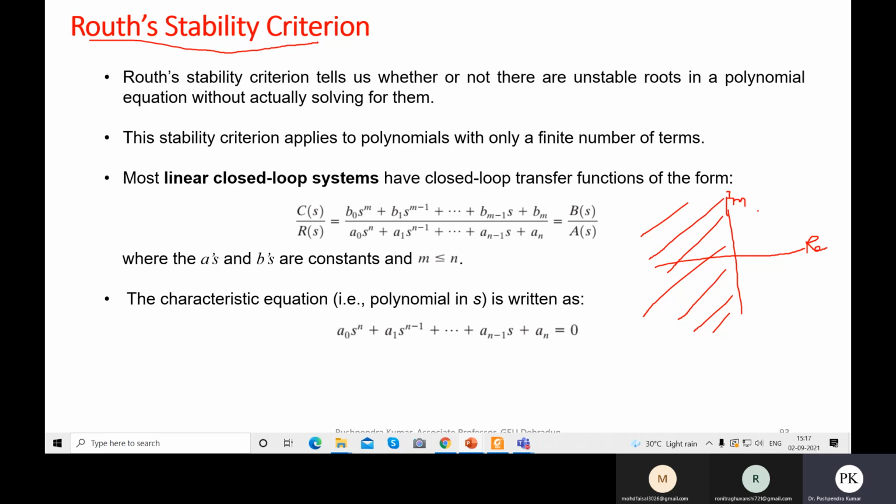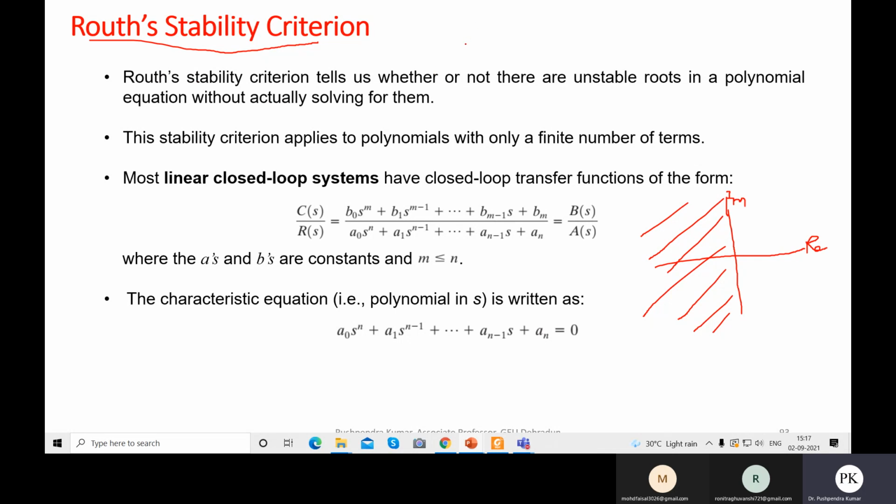But that criteria we can apply to a simple system, because if you have a very complex system, it may be very difficult for you to calculate the roots.